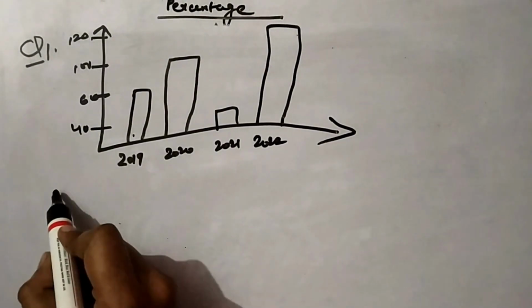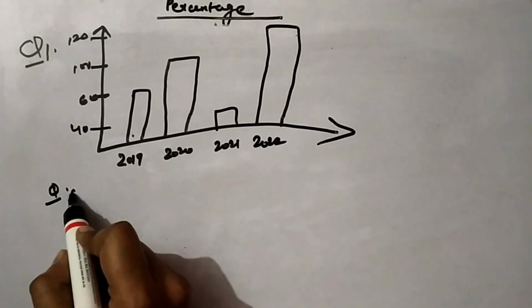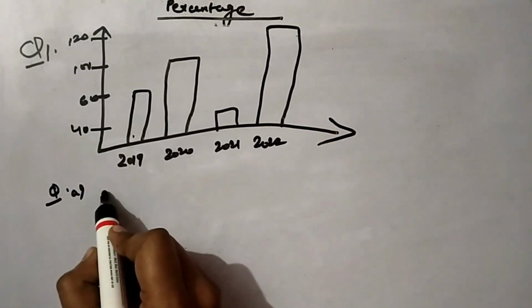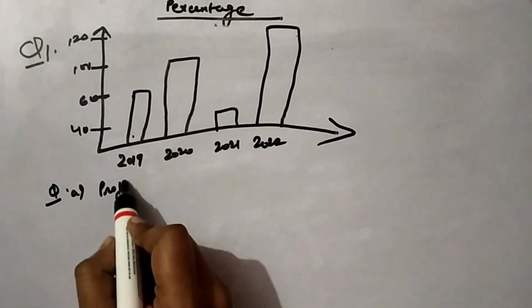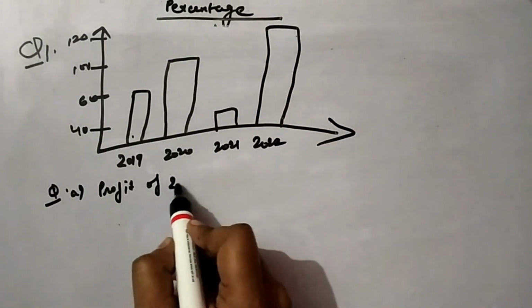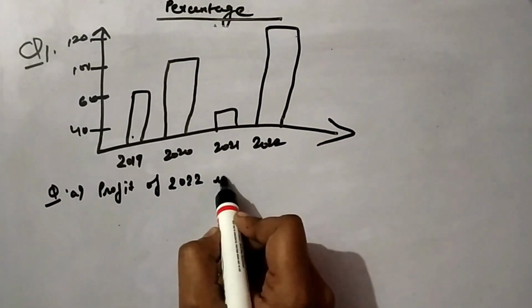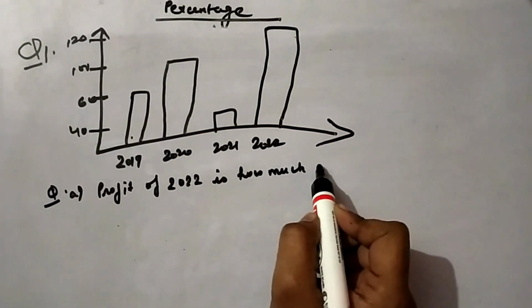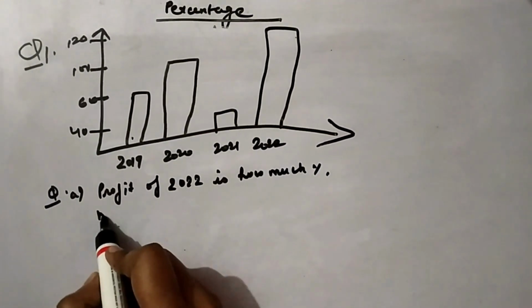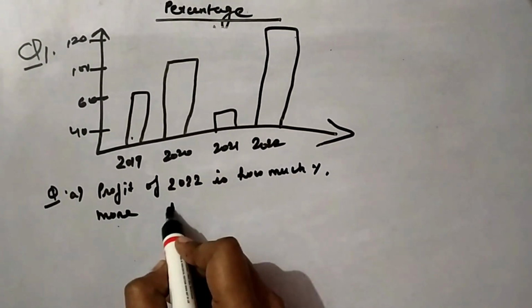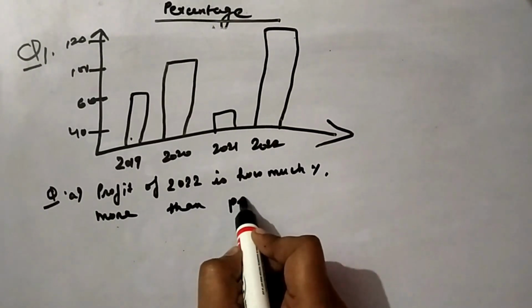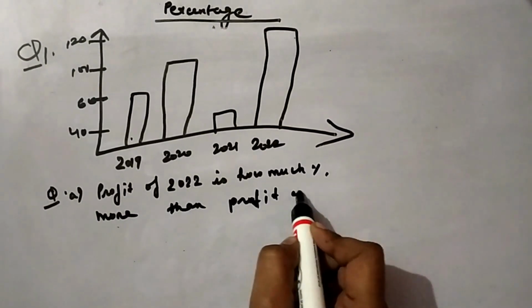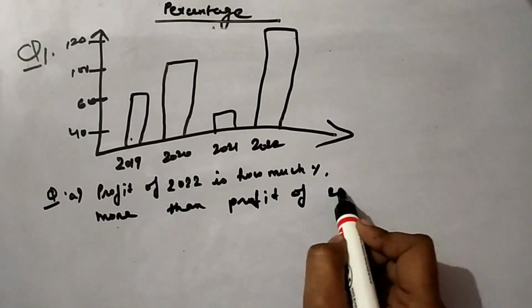So a question can come like, profit of 2022 is how much percent more than profit of 2019.